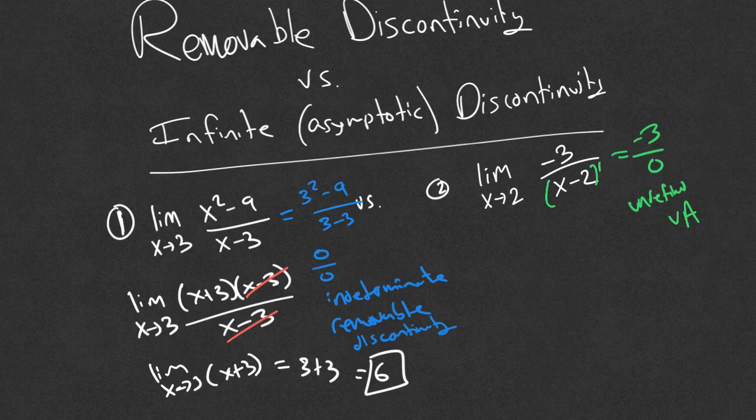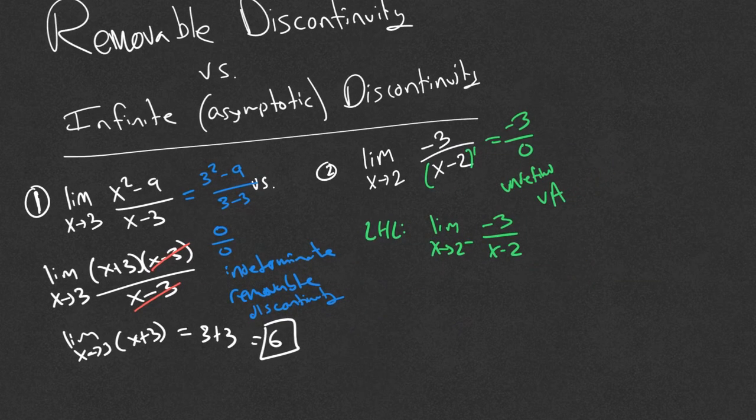So we plug in numbers close, and we have to split it up into two. We have to look at the left-hand limit and the right-hand limit. The left-hand limit would be the limit as x approaches 2 from the left of negative 3 over x minus 2, and we can approximate it by plugging in something close.